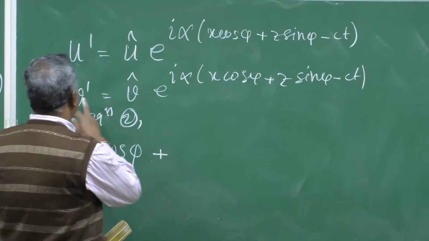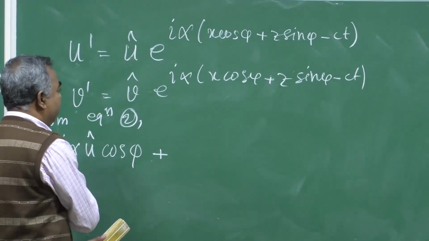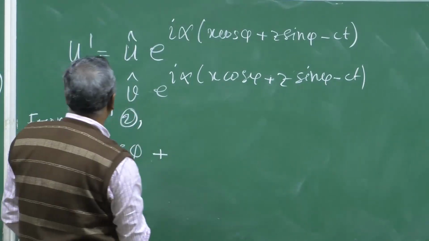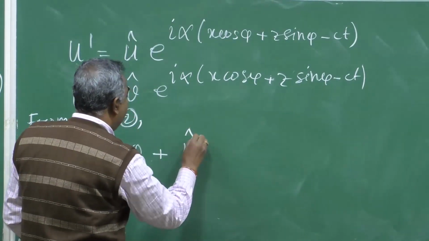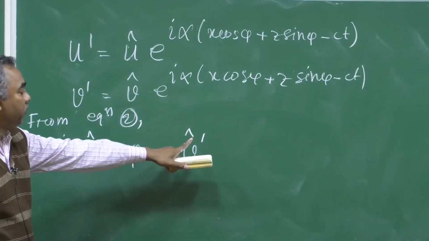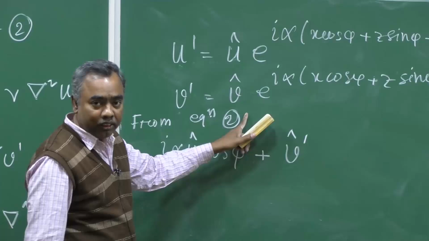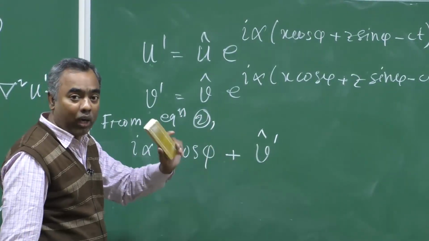So, del v prime del y, that means it is going to be v hat prime. Here the prime in this particular symbol hat is considered to be the derivative with respect to y, keep it in mind.